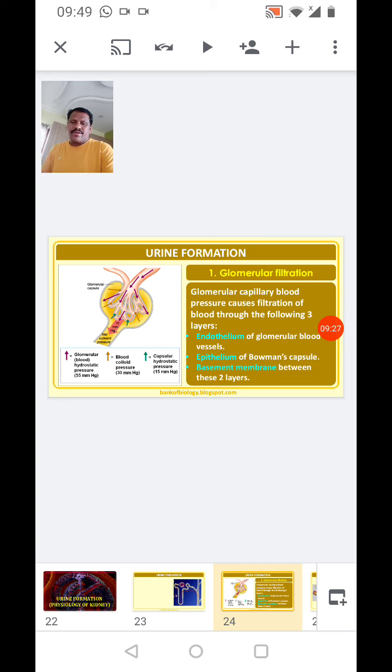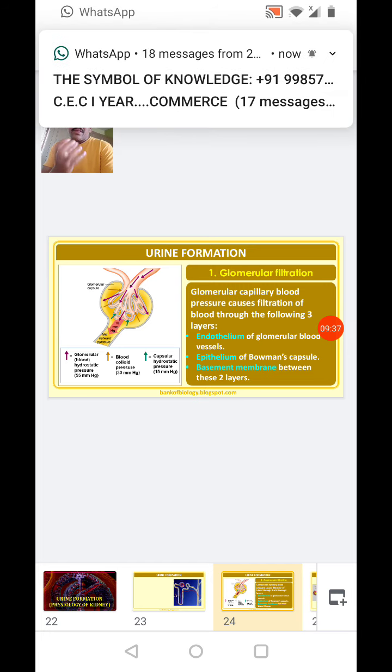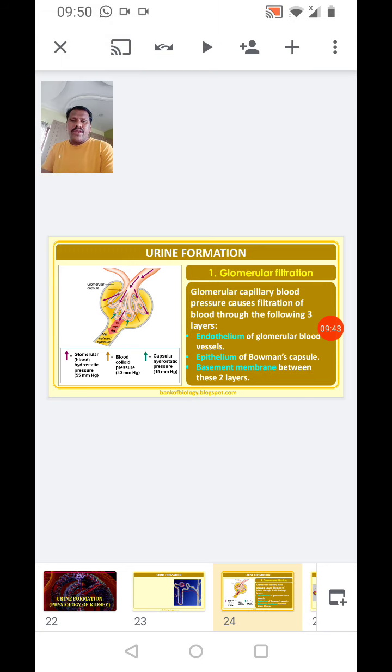As a result of filtration, what is formed? A liquid is formed in the lumen of the Bowman's capsule. This liquid is known as filtrate or primary urine. Understand? Filtrate or primary urine.